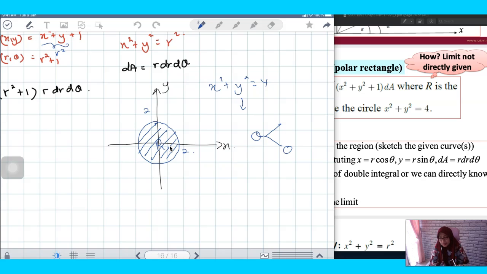So what is theta equal to 0? It is the line of the x-axis, starting at the positive x-axis.